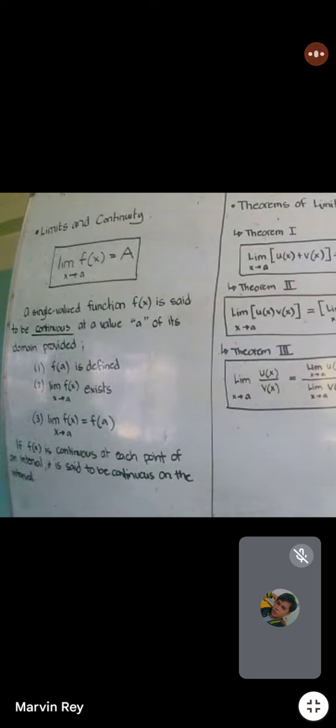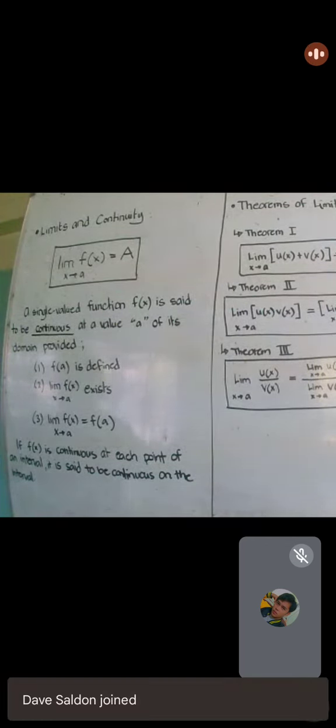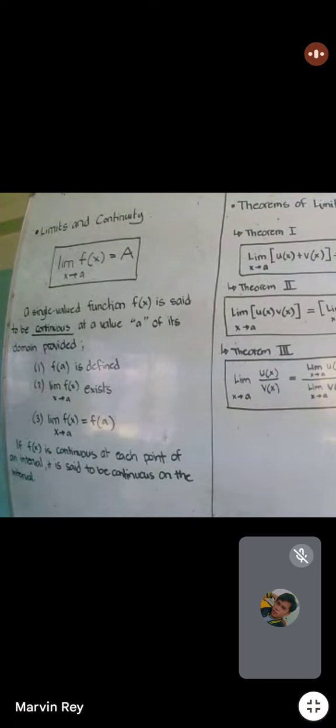It is not necessarily that they are equal values, but approximately equal when x approaches a. If f(x) is continuous at each point of an interval, it is said to be continuous on the interval. If one of these characteristics is not satisfied, then this is not a continuous function.